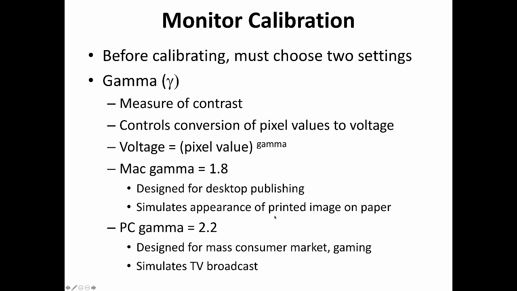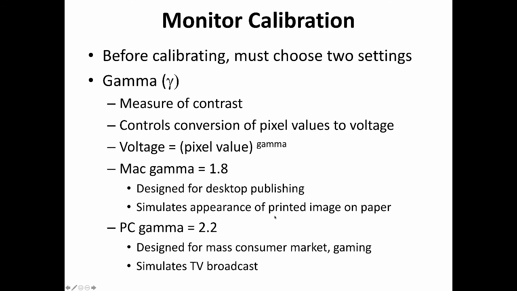So you've got all these ones and zeros representing values of red, green, and blue, but then that has to be translated into voltage that goes to your monitor to actually generate the red, green, and blue light on the screen. This is not the actual equation, but it's a close approximation. The voltage that is sent to your screen is equal to the pixel values raised to the gamma power.